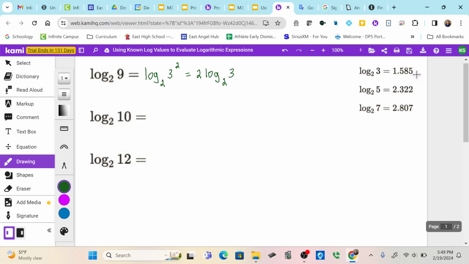And since I know the value of log base 2 of 3 is 1.585, I can write log base 2 of 3 as 1.585 and use my calculator to find that value. So we have 2 times 1.585 is 3.17.